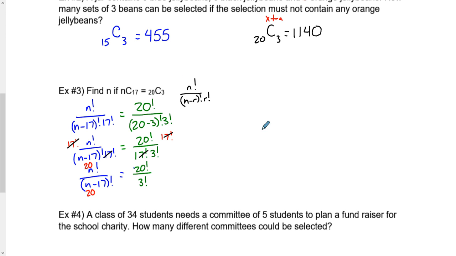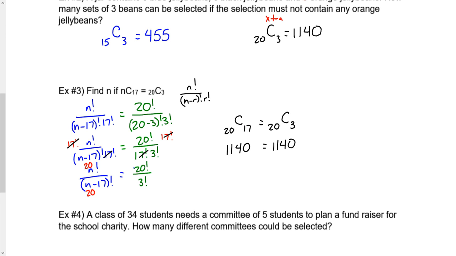So what that's saying is that 20C17 is the same as 20C3. And if you actually type that into your calculator, 20C3, oh, we already know what it is. It's 1,140. You do the exact same thing with 17. I'm just going to type it in my calculator to make sure, but yeah, it's 1,140.